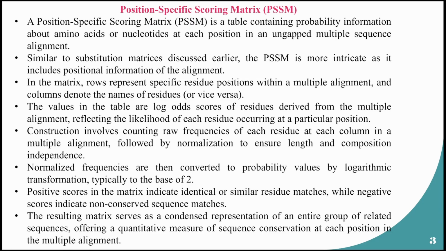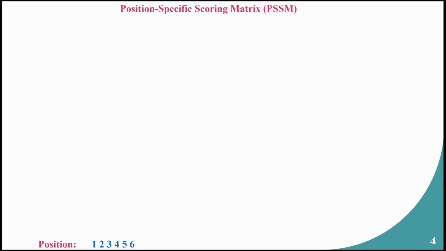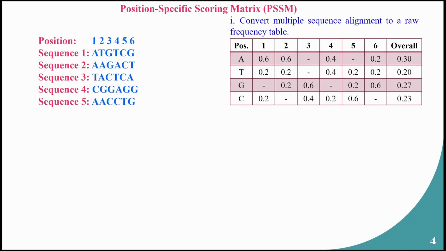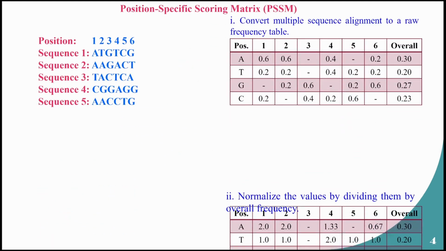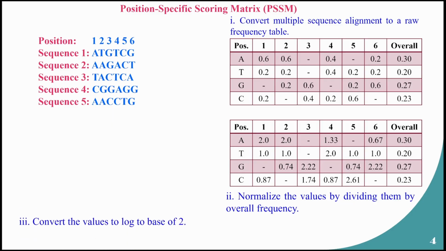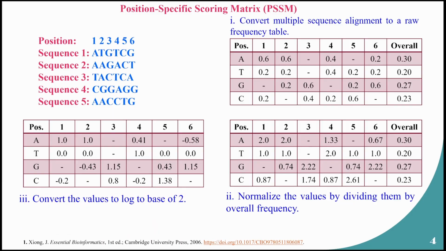Ultimately, when we construct the entire matrix by including all of the frequencies, normalization, log odds score, etc., we get the scoring, which can indicate whether a particular component is prevalent at particular positions. That was the essence of the position specific scoring matrix.